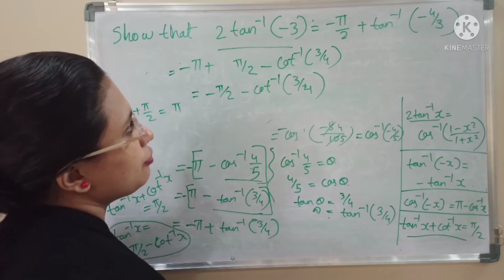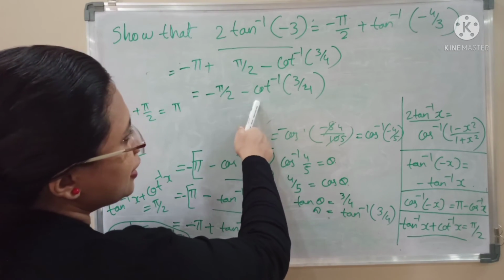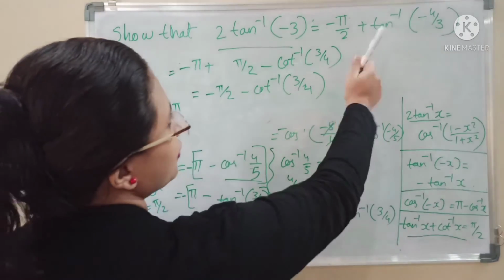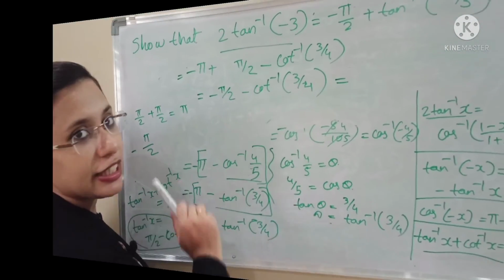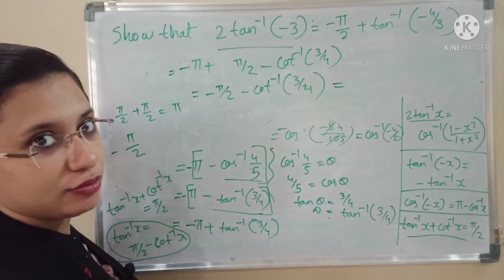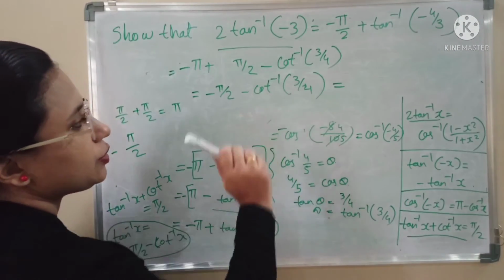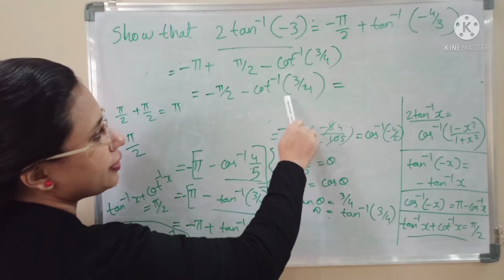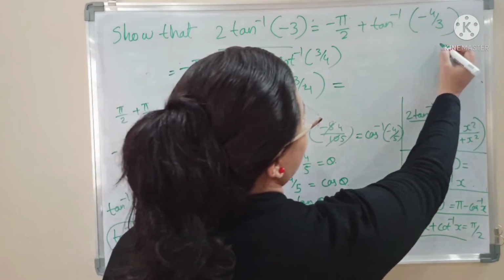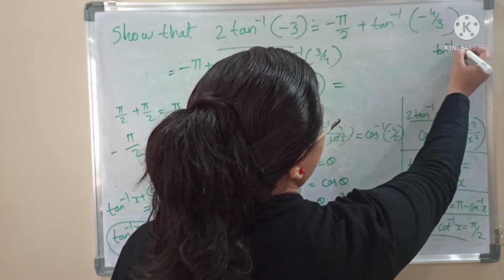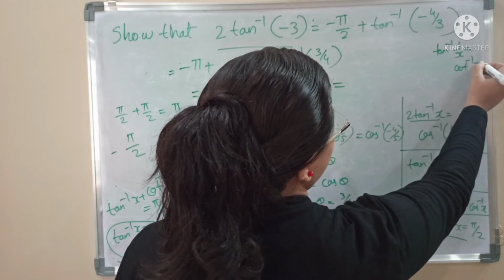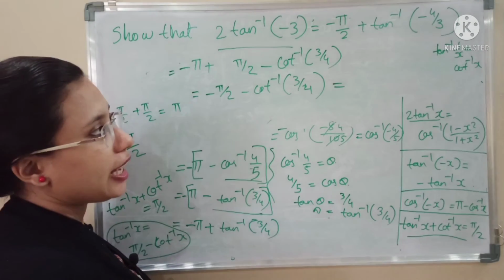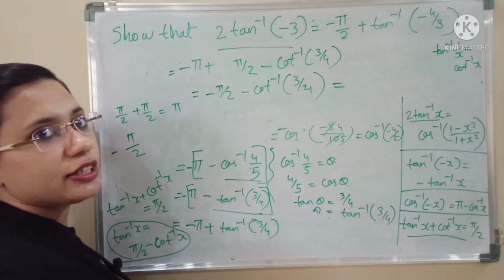First we have to convert cot in terms of tan. How do we convert cot inverse to tan inverse? We just need to take the reciprocal of this value, because we have a property: tan inverse 1 by x equals cot inverse x.